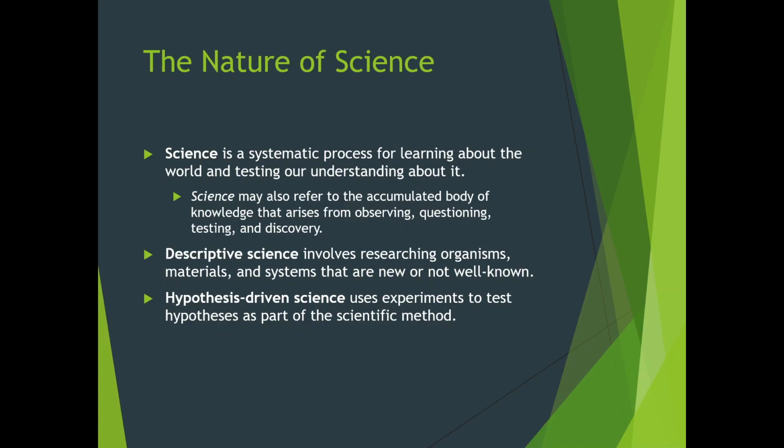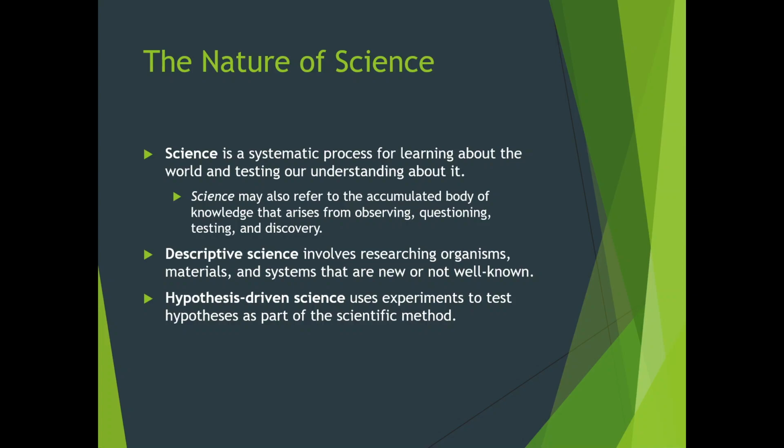So, science is defined as a systematic process of learning about the world and testing and understanding it. Science may also refer to the cumulative body of all the knowledge that we have out there. And we have what's called descriptive science, which involves researching organisms, materials, and systems that are new and not well known.